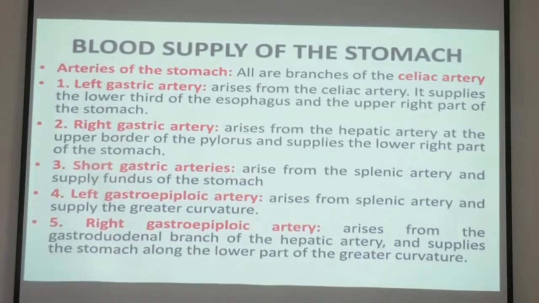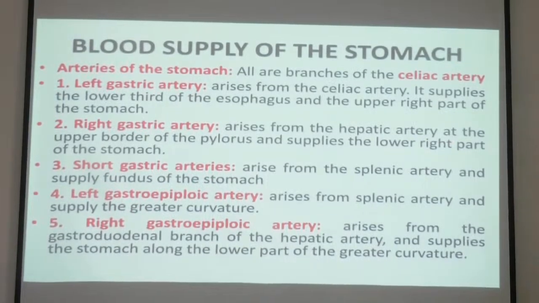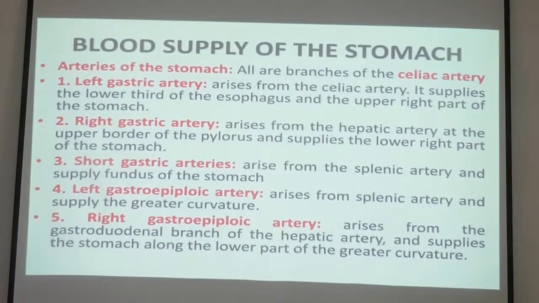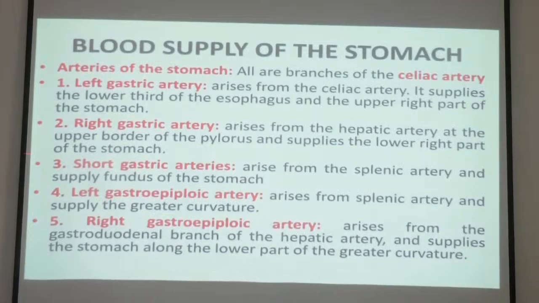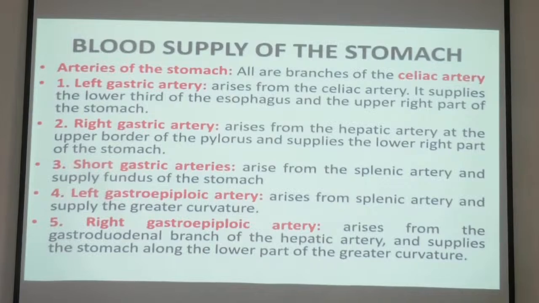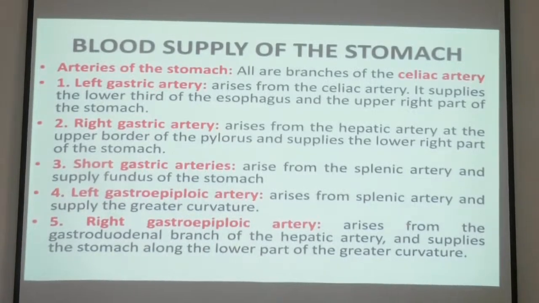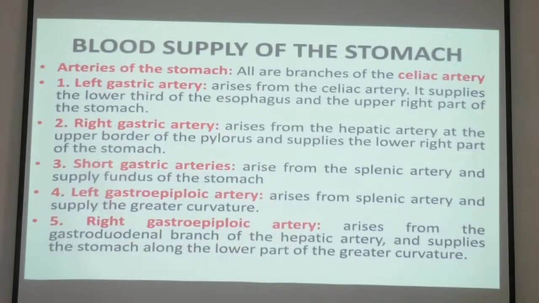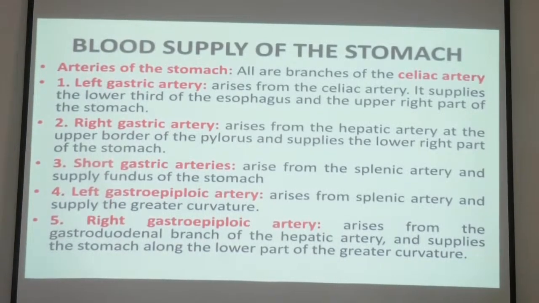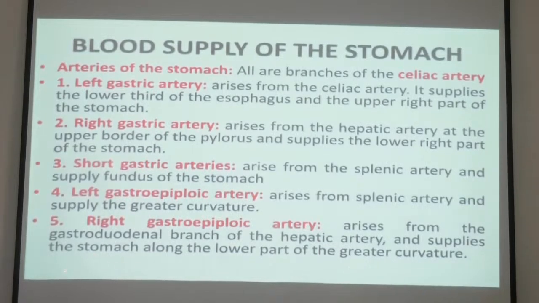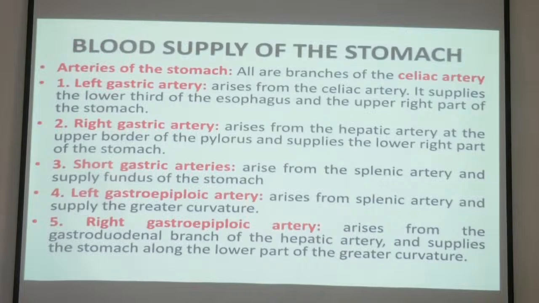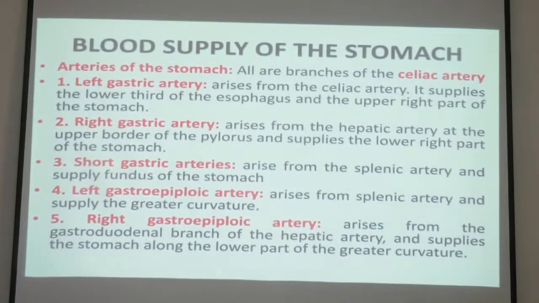Right gastric artery arises from hepatic artery at the upper border of the pylorus, supplies the lower right part of the stomach. Short gastric arteries arise from the splenic artery and supply the fundus of the stomach. And left gastroepiploic artery arises from splenic artery, supplies the greater curvature. And right gastroepiploic artery arises from the gastroduodenal branch of hepatic artery, supplies the stomach along the lower part of the greater curvature. So this is supply of these arteries.